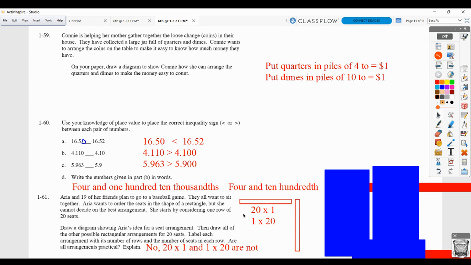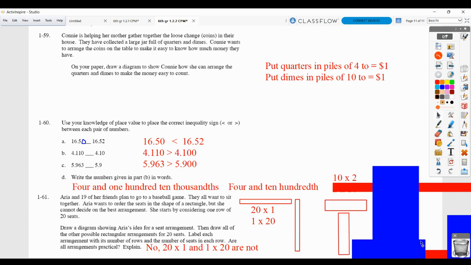So, basically, if we were drawing her arrangement, this would be like a 20 by 1, and this would be a 1 by 20. So here they're all sitting in the same row. Here they're sitting basically one in front of the other.